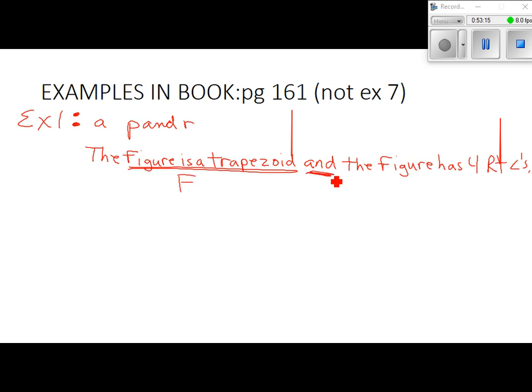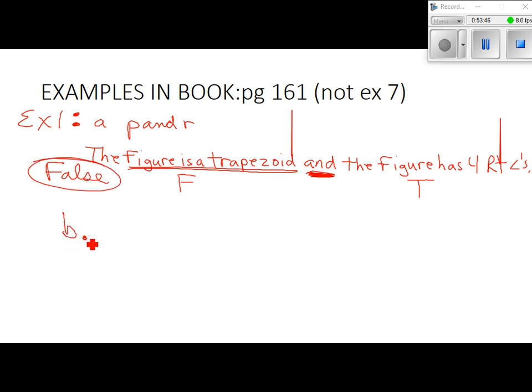We use the word and. What has to be true for the statement to be true, one part or both parts? Both parts. The figure has 4 right angles. Does this figure have 4 right angles? So that part's true, and this part's false. What do we know about the whole statement? It's false. That's what you'd write down.